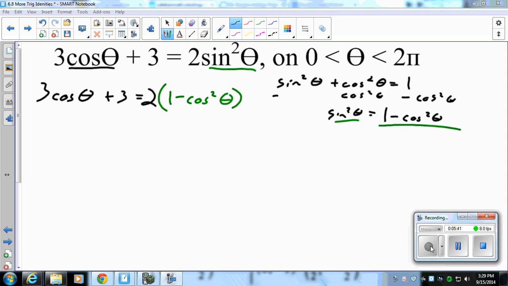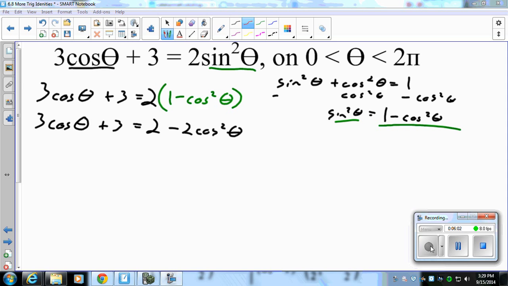From there, I can distribute that through, and I get 3 cosine theta plus 3 equals 2 minus 2 cosine squared theta.